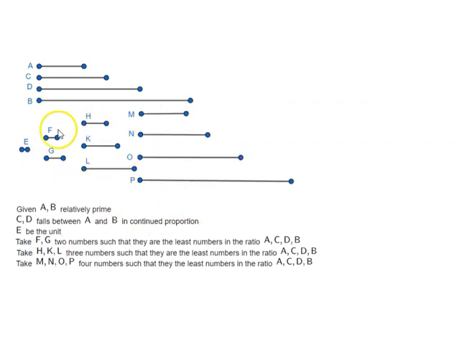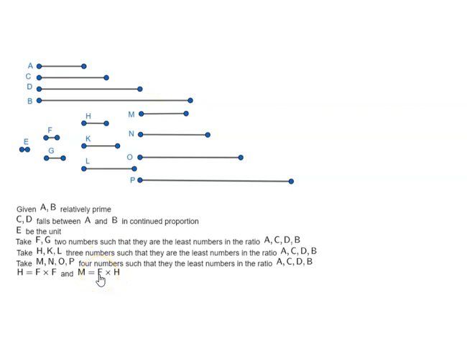While we were building these numbers, what we were doing was taking H as F times F and M as F times H. So H was F square and M was F cube. Why cube?